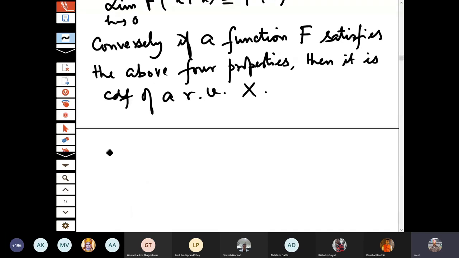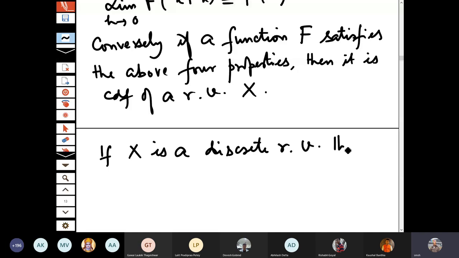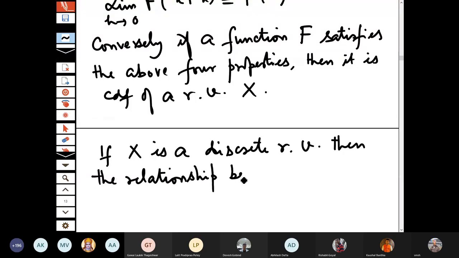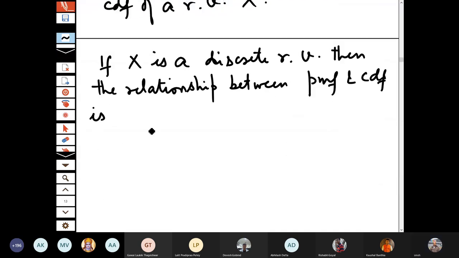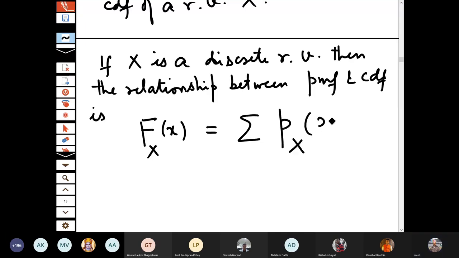If X is a discrete random variable, then the relationship is that F(x) is equal to the sum of p_X(x_i) over x_i less than or equal to x.